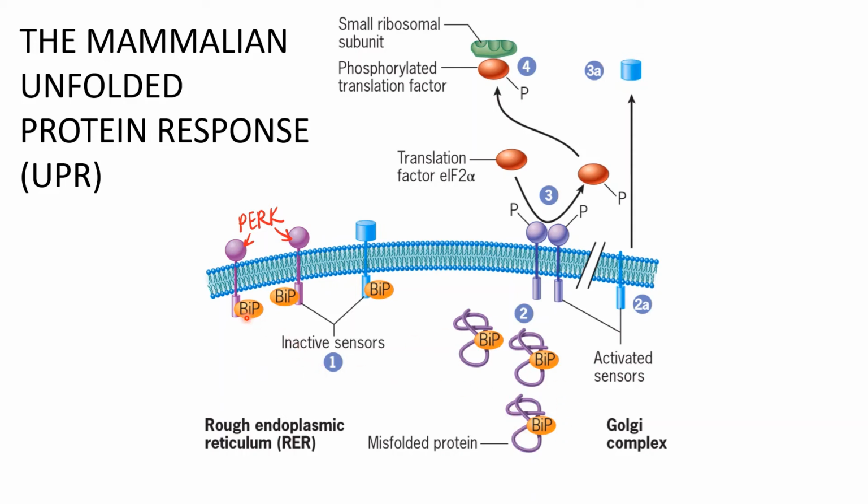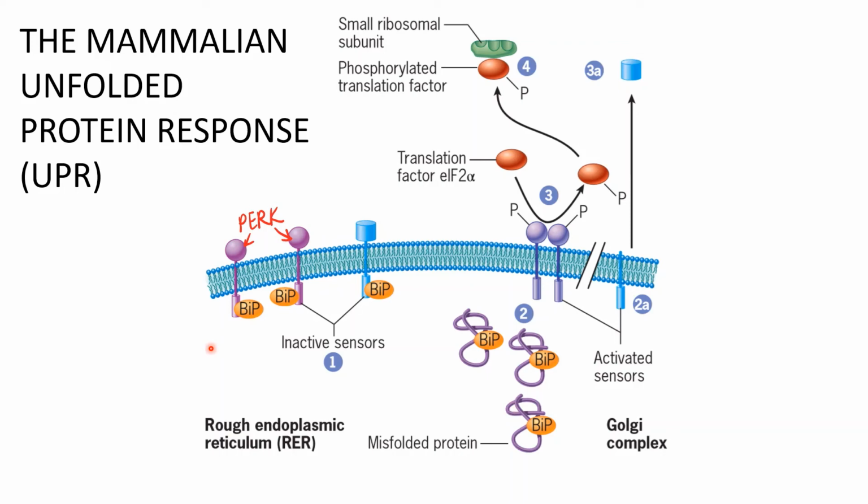These BiPs actually help the protein fold. They are chaperone proteins. And when there are misfolded proteins, they leave the PERKs behind. And these PERKs become active when the BiPs leave them.